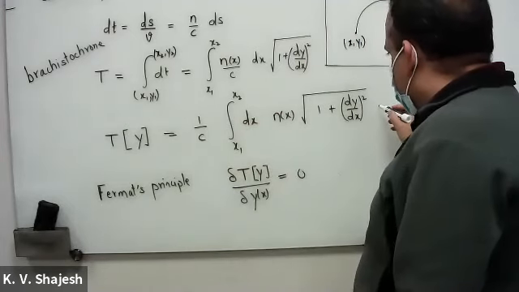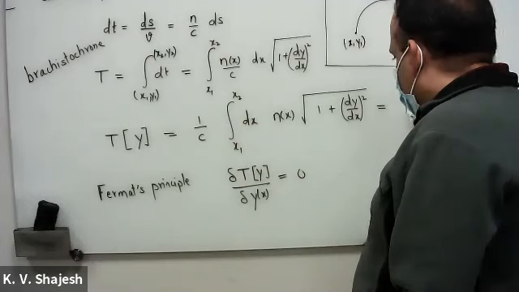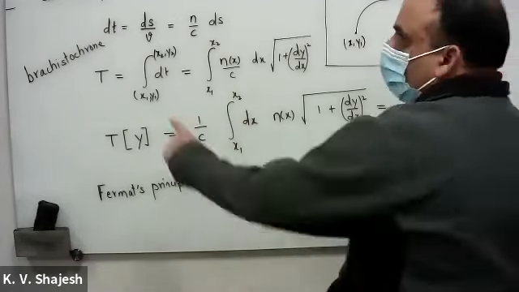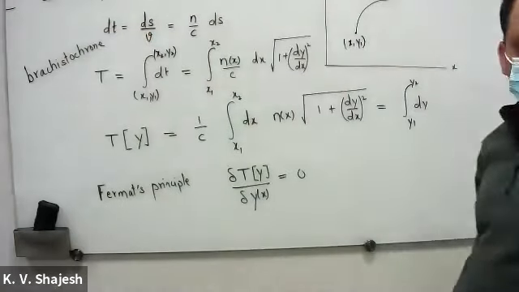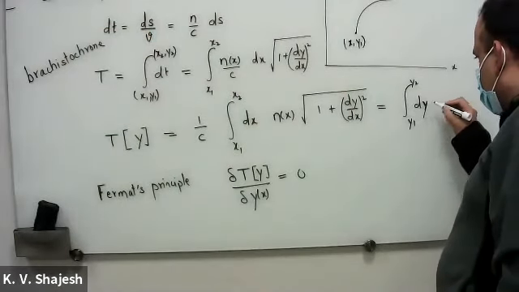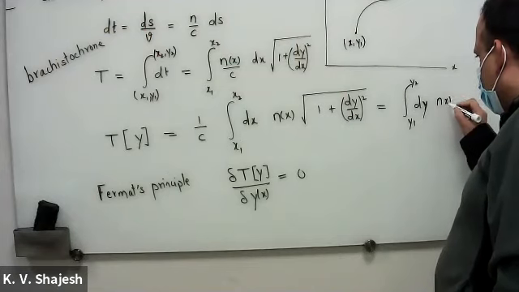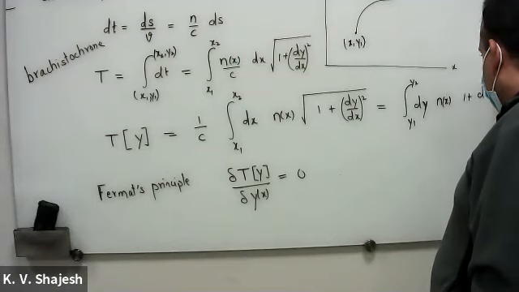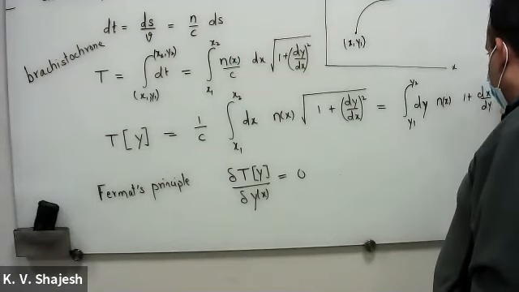There is a corresponding thing here. This is also equal to the integral from y1 to y2 of dy, then n of x, times the square root of 1 plus dx by dy the whole squared.